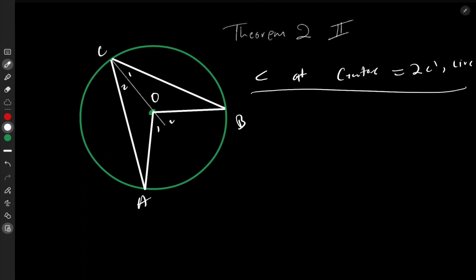So we are required to prove that angle AMB, the angle in the center, is equal to 2 times ACB, the angle in the circumference. We're trying to prove the theorem itself.